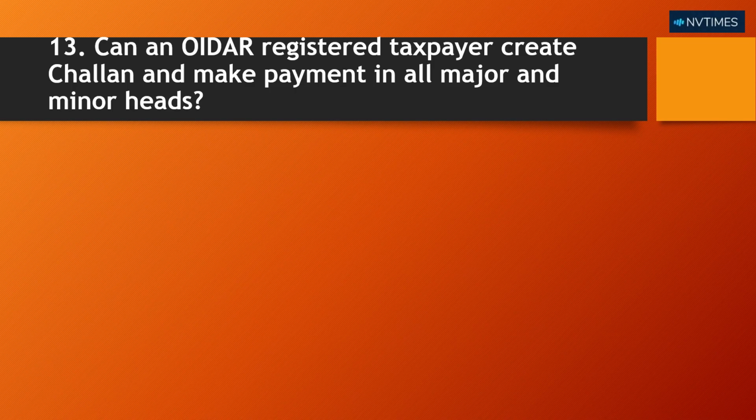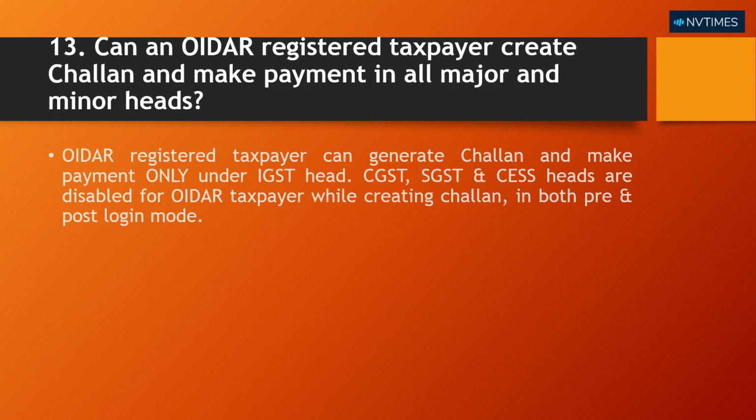Can an OIDAR registered taxpayer create a challan and make payment in all major and minor heads? An OIDAR registered taxpayer can generate a challan and make payment only under the IGST head. CGST, SGST and SES heads are disabled for an OIDAR taxpayer while creating a challan in both pre and post login mode.